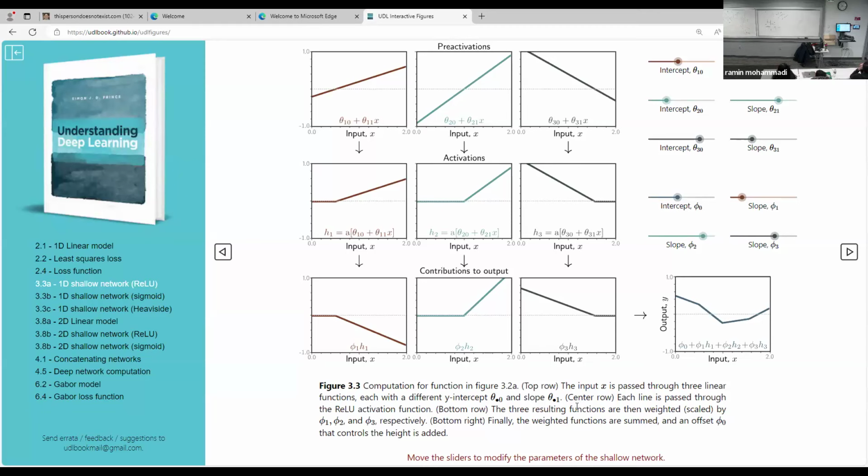Now you have these three lines, right? How do we get the output? We do a summation across these three. So you start from here. You have a positive coming here, right? Then this positive comes because up here this is 0, here 0, 0. So this remains the same slope.